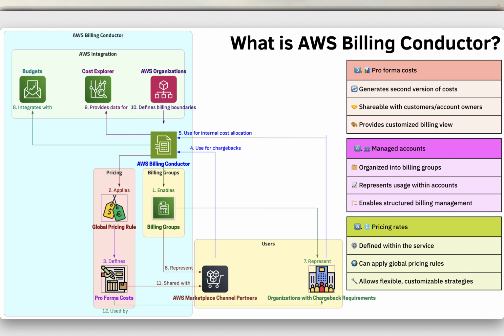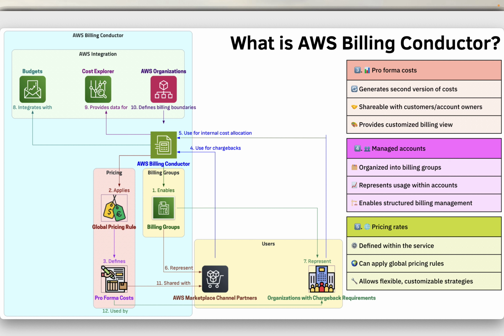So to explain it simply, AWS Billing Conductor is like a special calculator for two types of AWS users. First one, AWS marketplace channel partners, and we can call them resellers, and big companies that need to split bills between different teams. So here is what it does in simple terms.